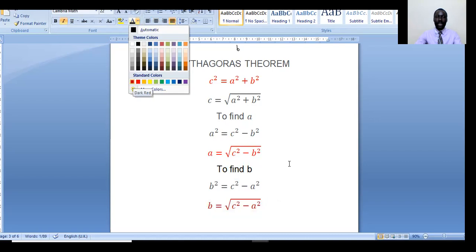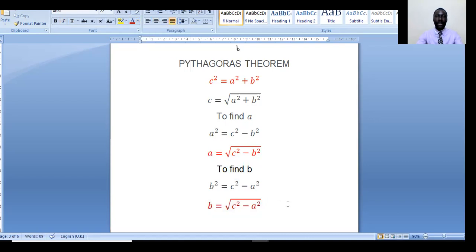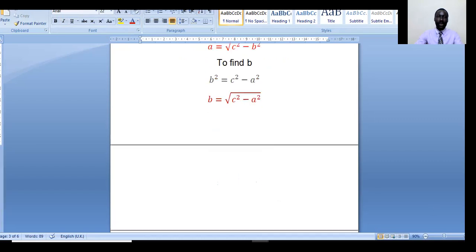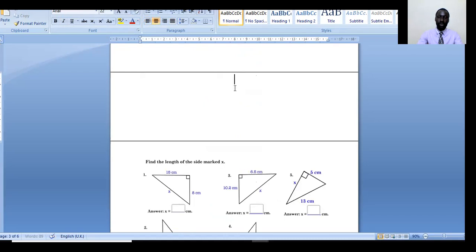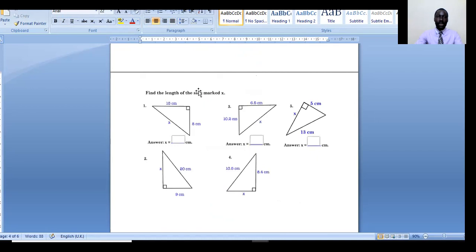All right. So now, how else can we use Pythagoras theorem? Well, let's look at a few practical examples on the next page. So here we are supposed to find the length of the side marked X. Notice that in the first right-angled triangle, X is the longest length.